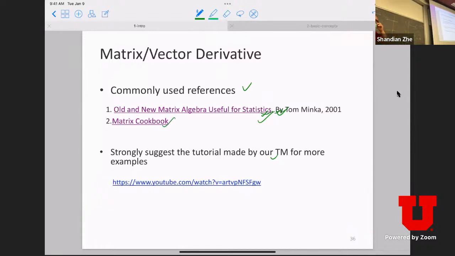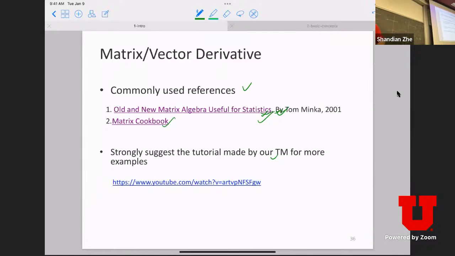It summarizes all kinds of basic rules; it's just a dictionary. When you do the calculation and find something you cannot deal with, just look up the Matrix Cookbook, find the corresponding formula, substitute it into your calculation and go on. That's it.